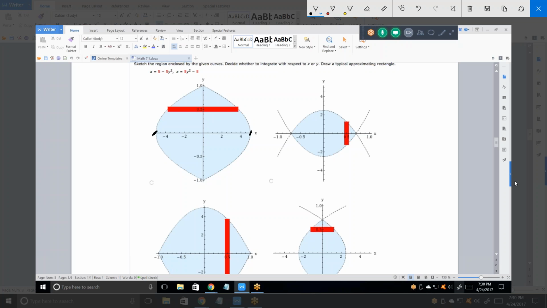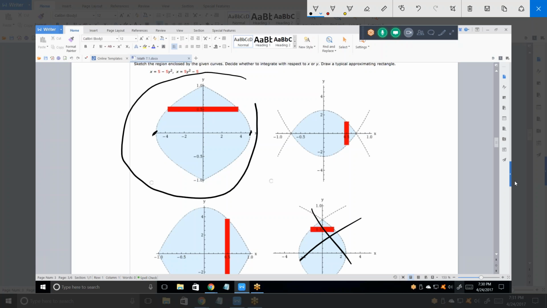If I look down at this curve on the lower right, what are my x-intercepts? They're not 5. So that's not the one we want. This is the only one that's going to satisfy our problem. Okay. Now, tell me what the integral is going to look like.